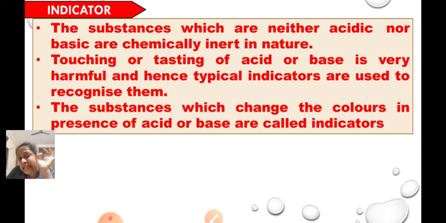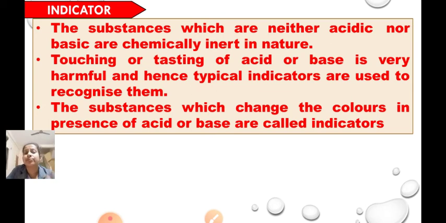Now what are indicators? Substances which change color in presence of an acid or base are called indicators. Now what does this mean? There are some substances which are used to indicate whether a given substance is acidic or basic in nature, and they indicate by changing their original color.